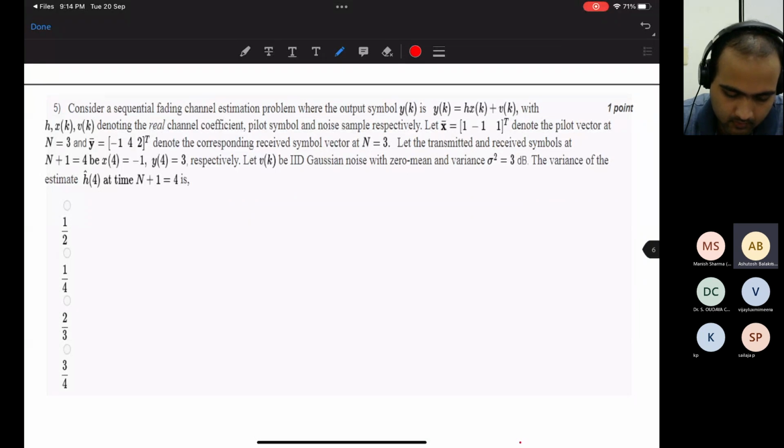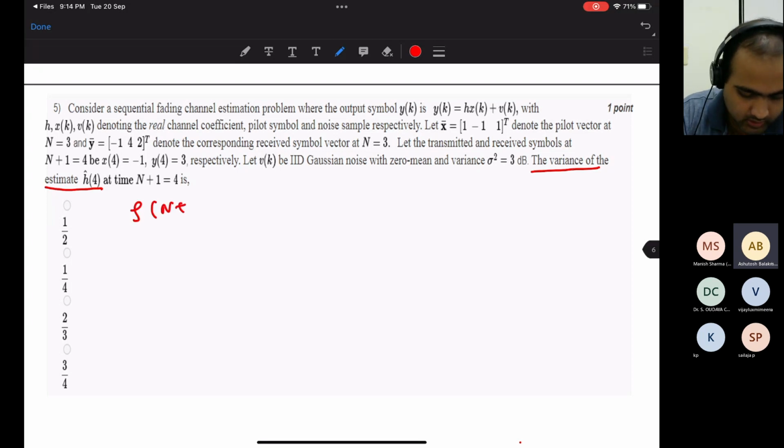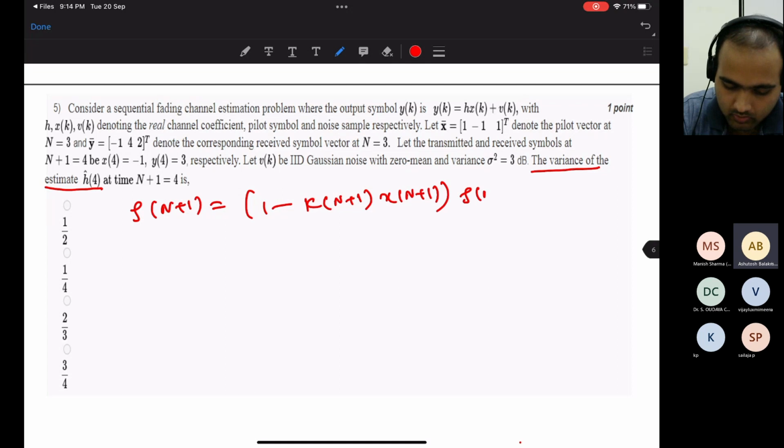So again, this question follows the previous four questions, and we need to find the variance of the estimate h hat 4. So we need to now compute the variance. We'll again use the formula rho n plus 1, the variance update equation, which is 1 minus k n plus 1 x of n plus 1 times rho of n.